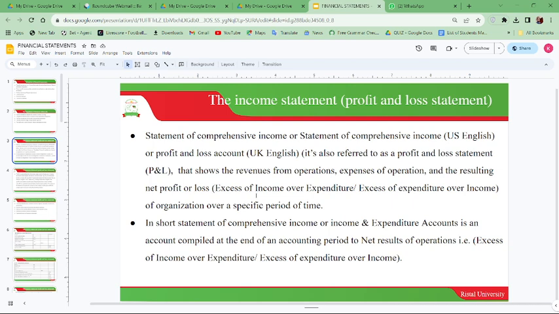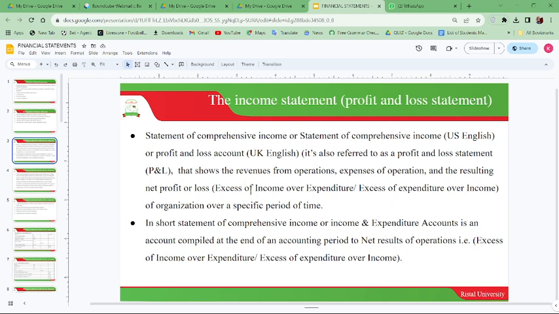The revenue is the money you get from your operations, and the expenses are all the income that you spend, or your expenditure. So you either get a net loss or a net profit.